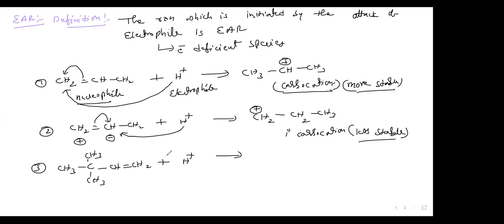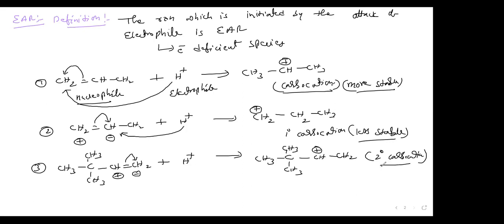In this case, what can we expect? This bond has to shift this side, minus and plus. So what type of carbocation formation is possible? There is a possibility of a 2 degree carbocation. This is a 2 degree carbocation.